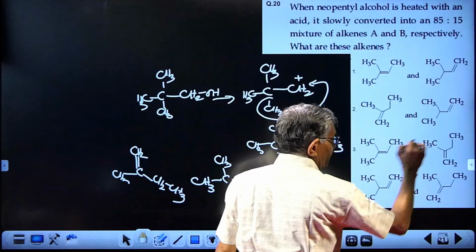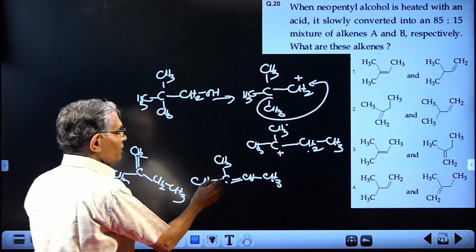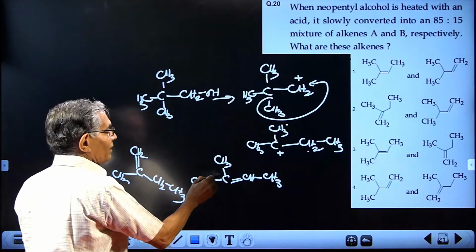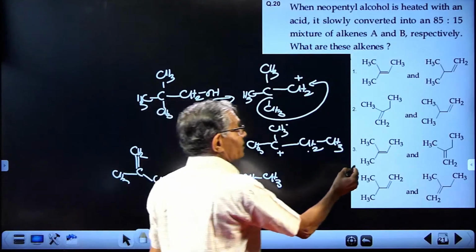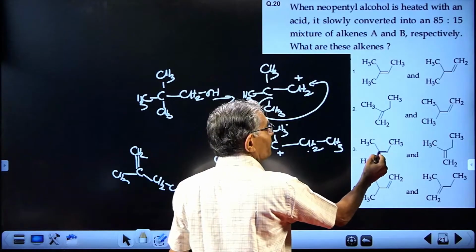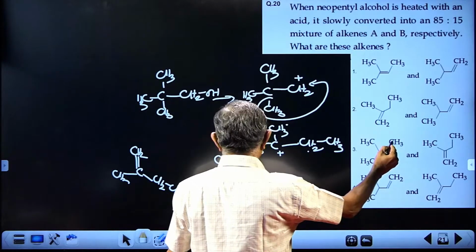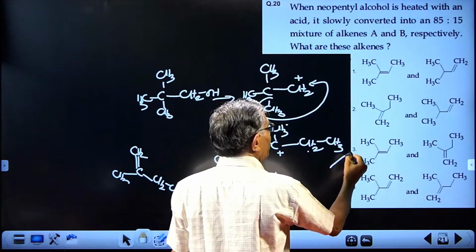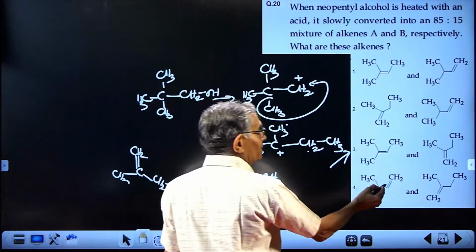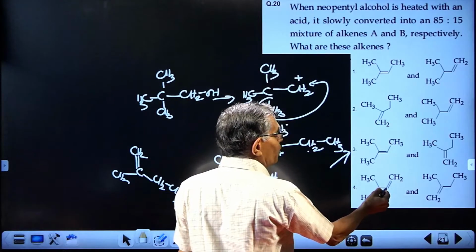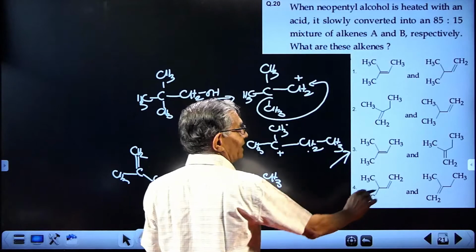This is correct. And how do you describe this one? This is (CH3)2C followed by CH3. So you have the option 3. What is wrong is, in this case, for example, CH2 double bond CH, that is not there.